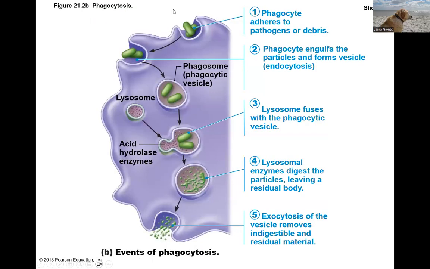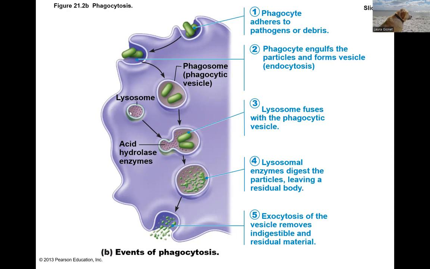Okay. This is describing that activity. Here we have a phagocyte adhering to the pathogens or debris. So when there is an organism outside of one of these cells and we want to phagocytize it, it's going to pinch inward like so and form a vesicle around those bacteria or those particular rods, and we call that a phagosome.